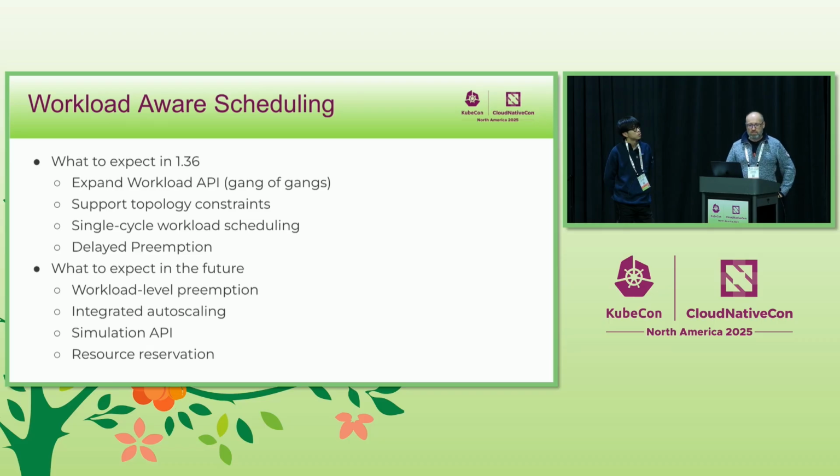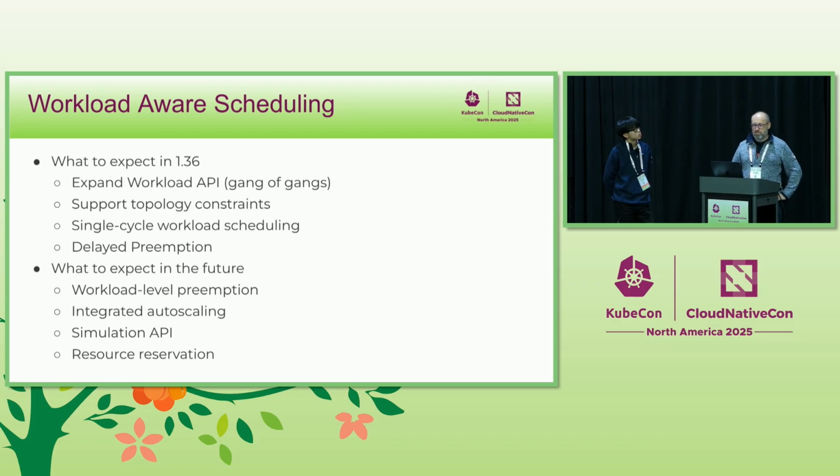So what can we expect in the next release? We definitely want to expand the workload API. We may need to support gang of gangs to be able to model more complex workloads like job sets or leader worker sets.